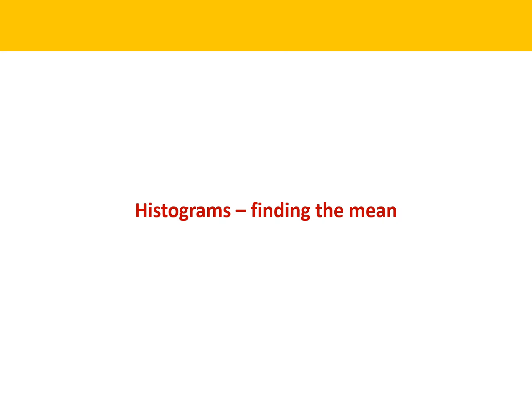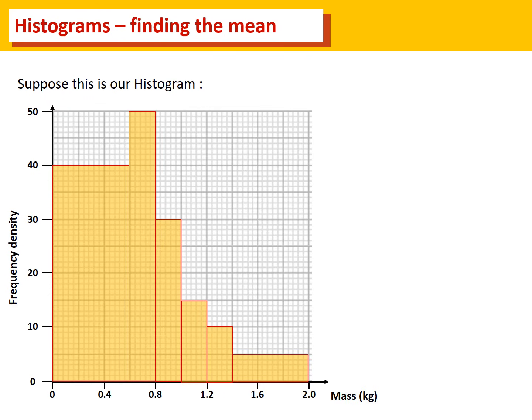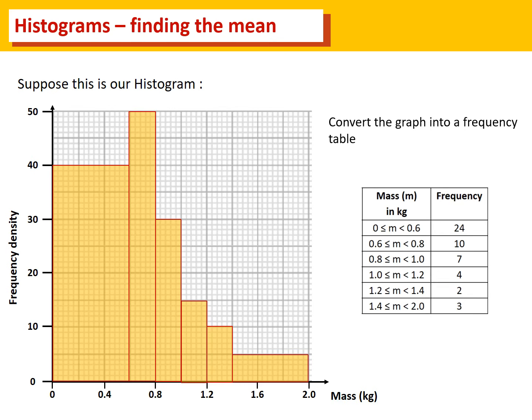Now, in order to find the mean from a histogram, there's our histogram, we simply convert the histogram back into a frequency table. So if we have a look at the histogram, it actually is represented by that table, because let's look at this first bar.